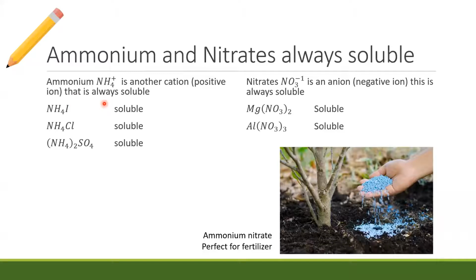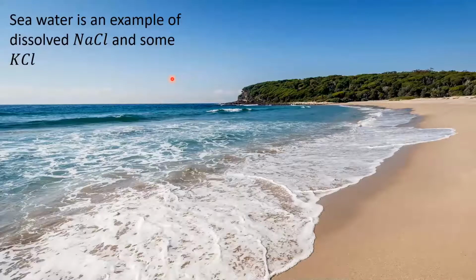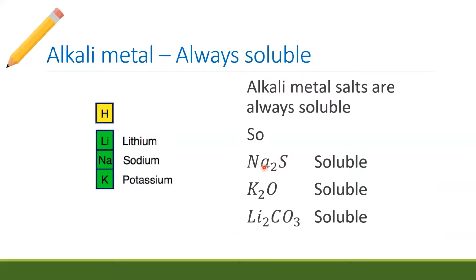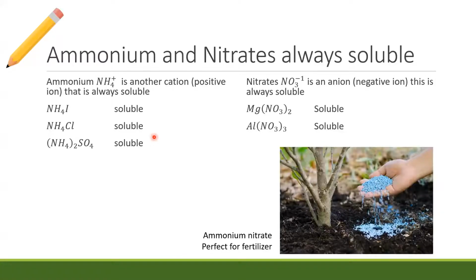And what do I mean by positive ion? Sorry for jumping back. All of these are positive ions. Na plus, K plus, Li plus. They're all positive. They all go at the start. NH4 is another positive, so it always goes at the start. So whenever you see NH4, it's going to be soluble.